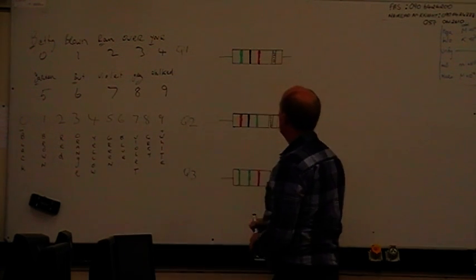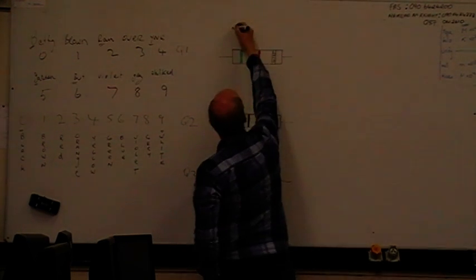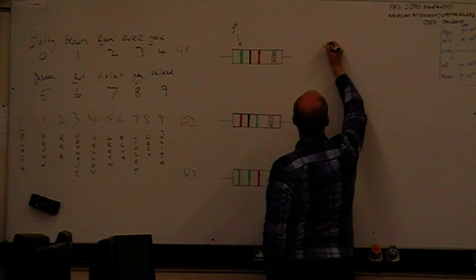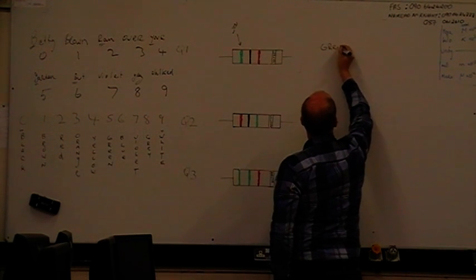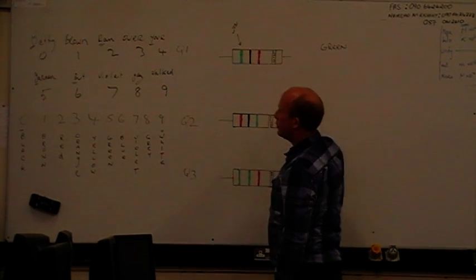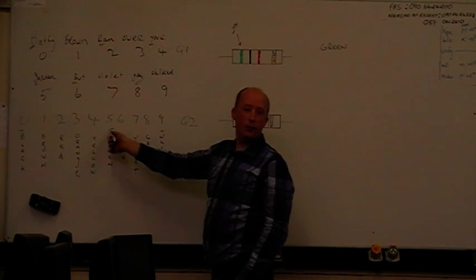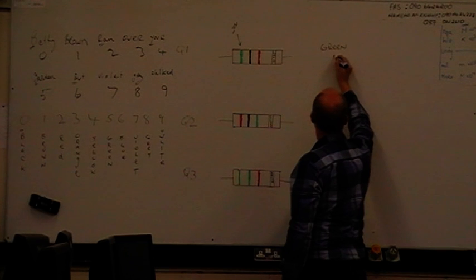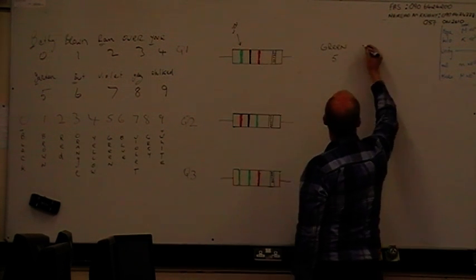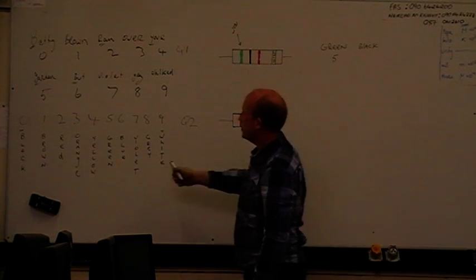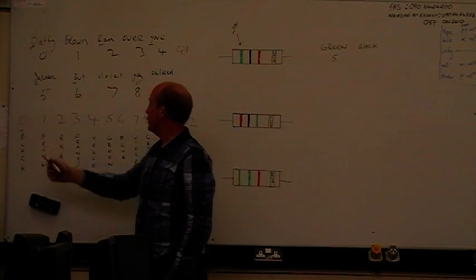Now we're going to go with the first band, green. Green from our chart represents number 5. Black from our chart represents 0.